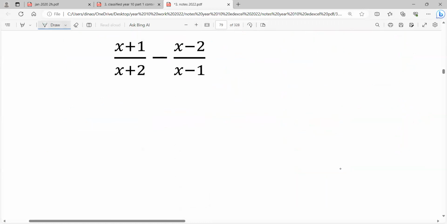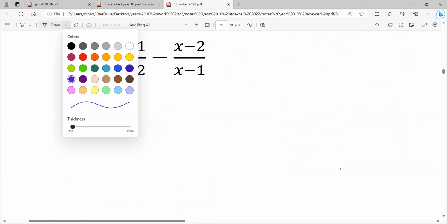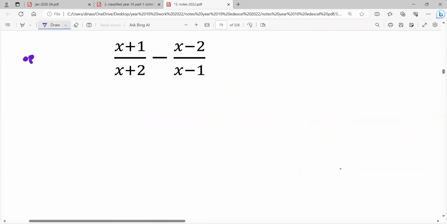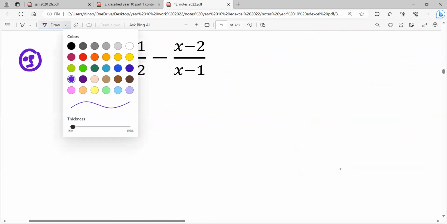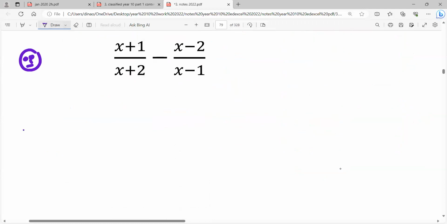Let's look at this question again. As you can see, it is a question with an algebraic denominator and it's a subtraction question. We said sometimes the subtraction questions are annoying.